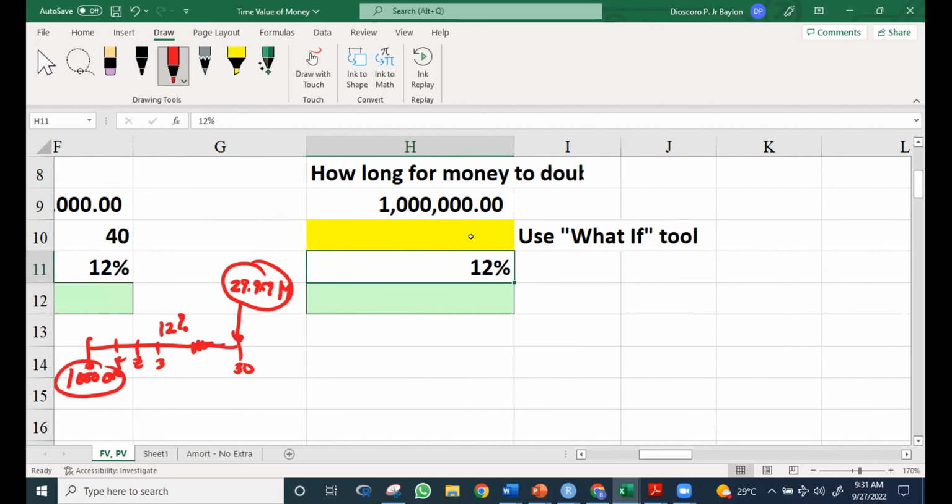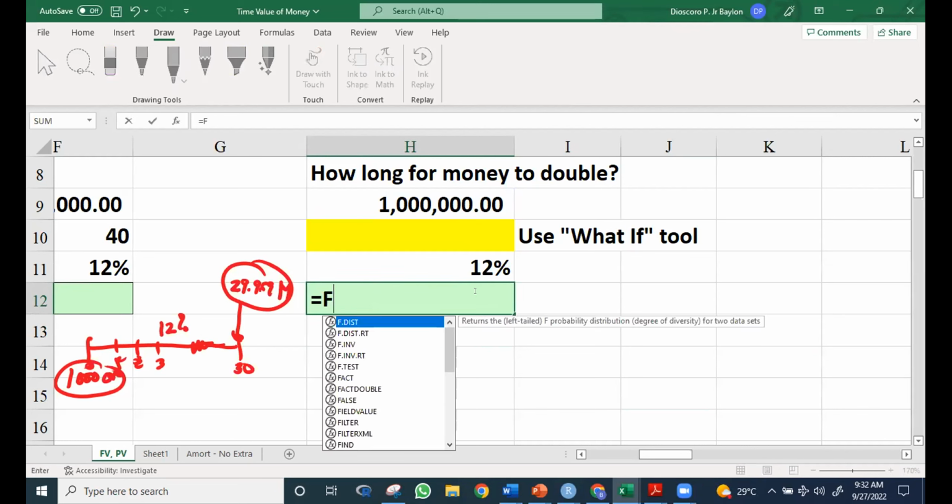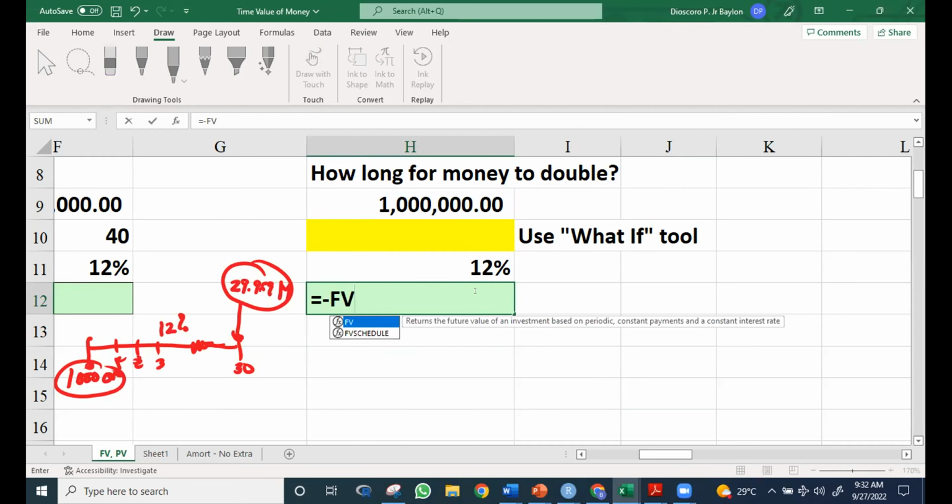Here we're interested in the number of years. Same percent. And if your money is to double, how much will it be? It will be 1 million times 2, right? So let's write that. Future value, let me put negative here.